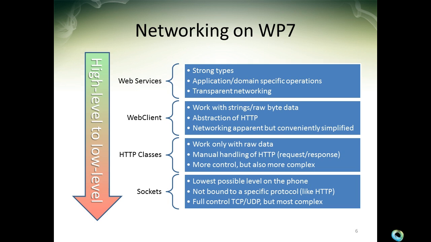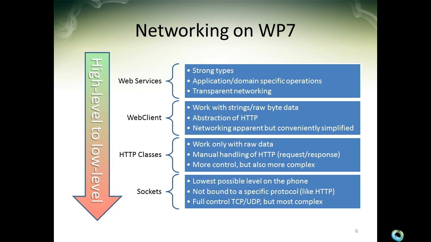And now the new option, sockets programming, that has been added in the Mango release, is at the moment the lowest possible level of networking on the phone. It is, of course, not the lowest possible level of networking at all. There are always lower levels.